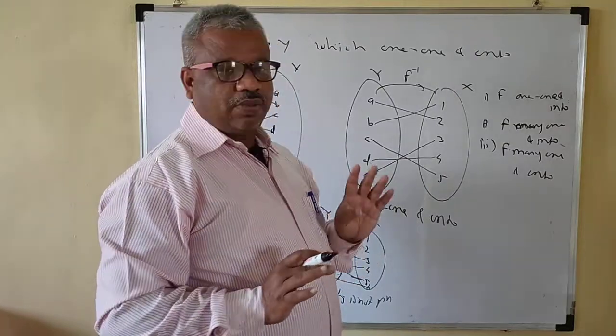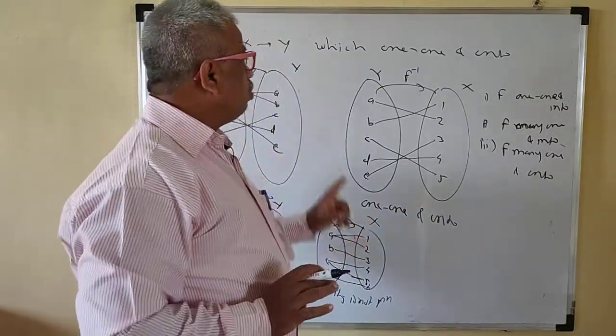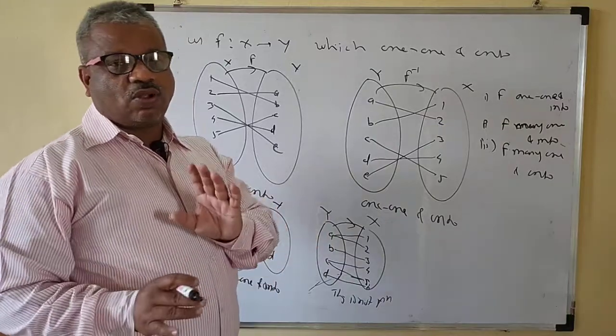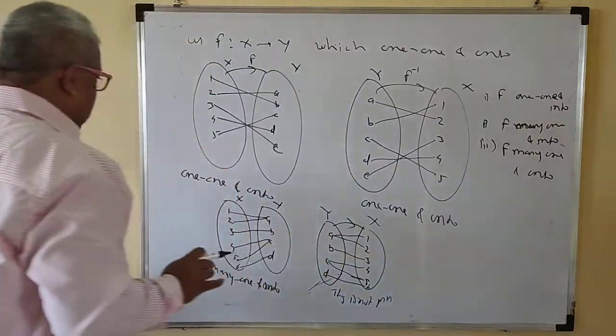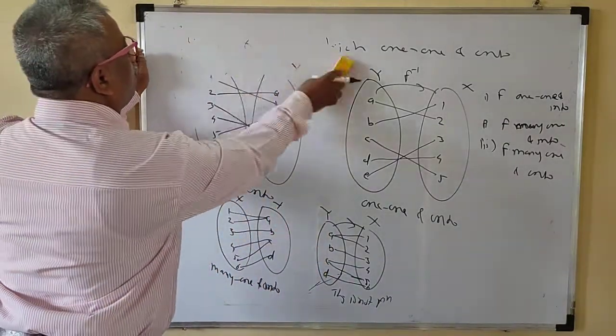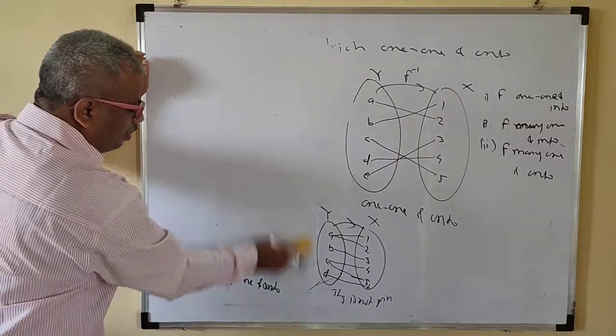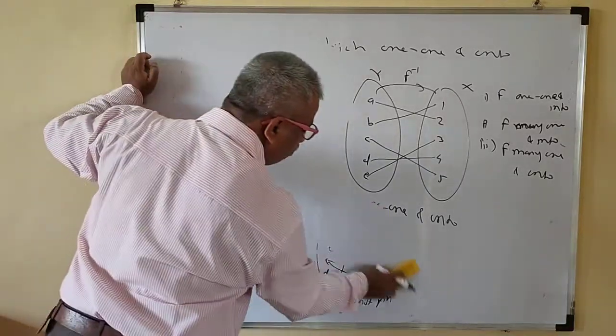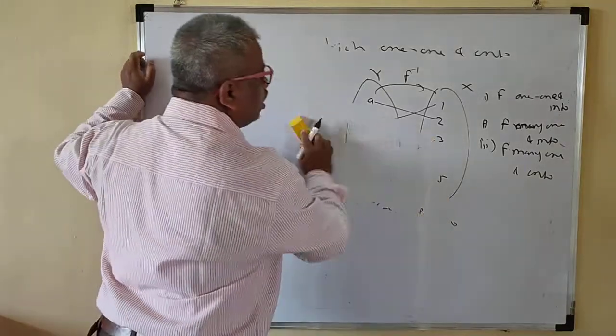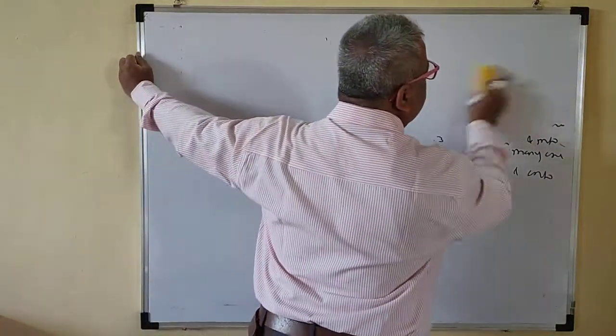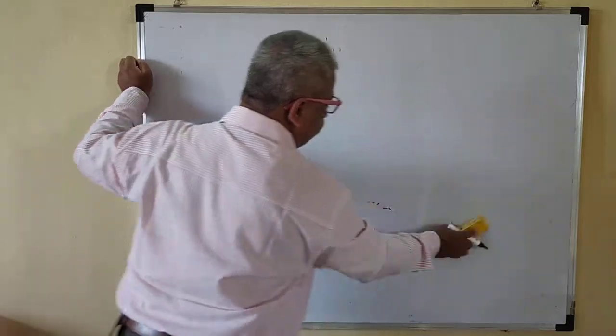For others, it will not be a function, right? So we are interested in 1-1 and onto functions, right? If a function is both 1-1 and onto, you know that the inverse exists, and this is called a bijective function. You know that the inverse of a function exists if and only if it is 1-1 and onto.